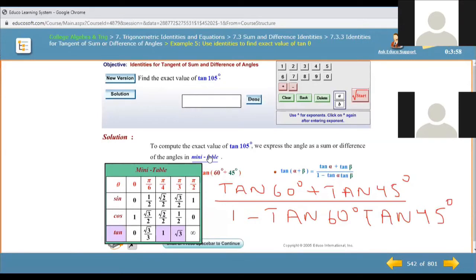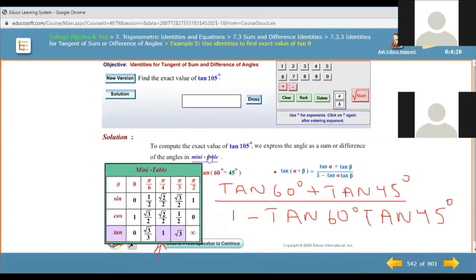Now, the best thing I like about tangent 45 is that the value of tangent 45 is always 1. That makes your work easier, and you can plug in all the values in the formula.